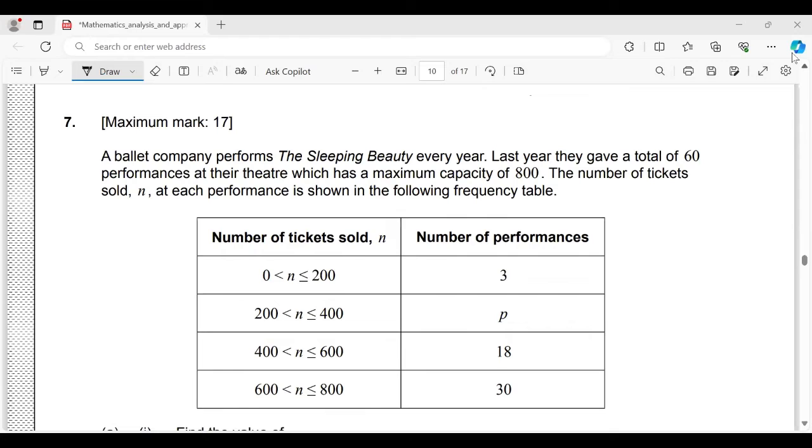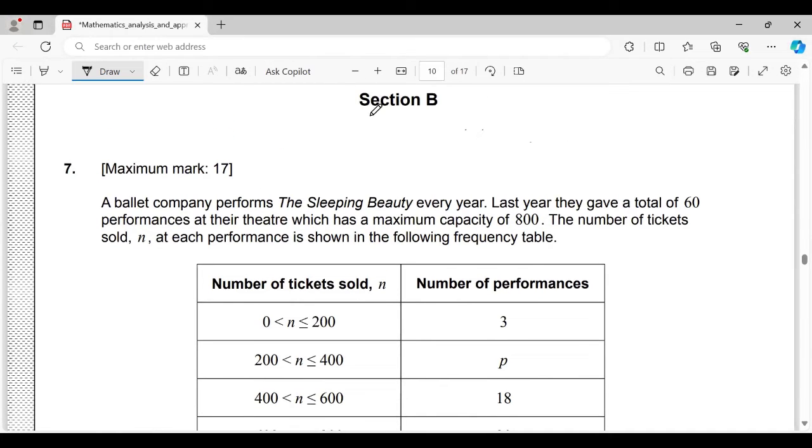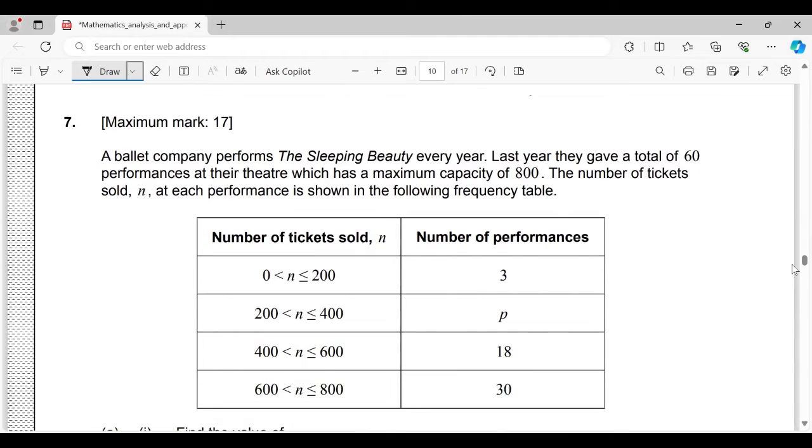Number 7. This is section B. Okay, section B. A ballet company performs the Sleeping Beauty every year. Last year, they gave a total of 60 performances at their theater, which has a maximum capacity of 800.